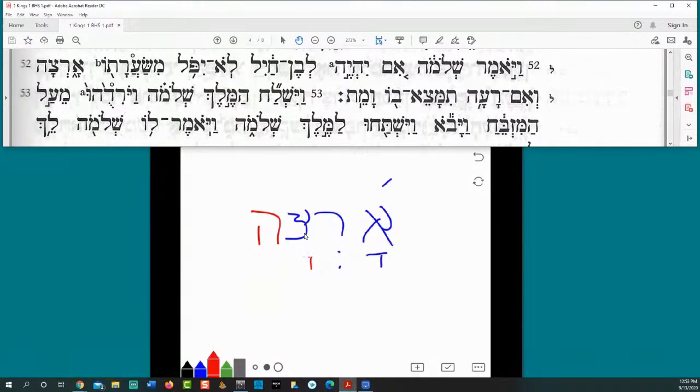And you get arza. So if you remember Genesis 1:1, Bereshit bara Elohim et hashamayim ve'et haaretz. This is one of the things that happens with eretz. It can have this sort of shift to an A. But anyway, this is arza, to the ground, directional hey.